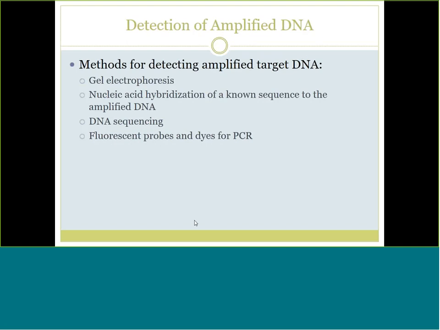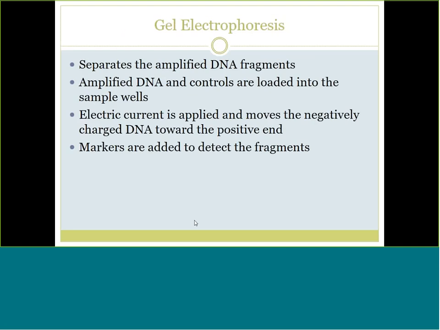So the different methods for detecting target DNA would be gel electrophoresis, the nucleic acid hybridization, DNA sequencing, and then probes for PCR. So this is just going to go through each one of these. Again, a lot of this is just background information, nothing too big that I really am going to test you on yet.